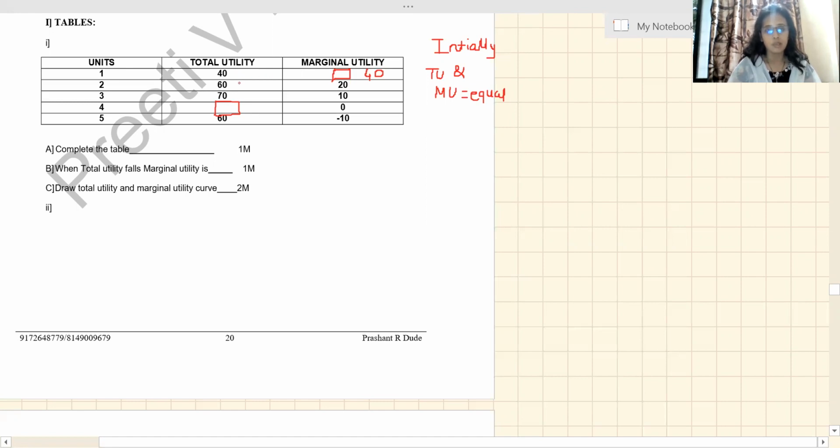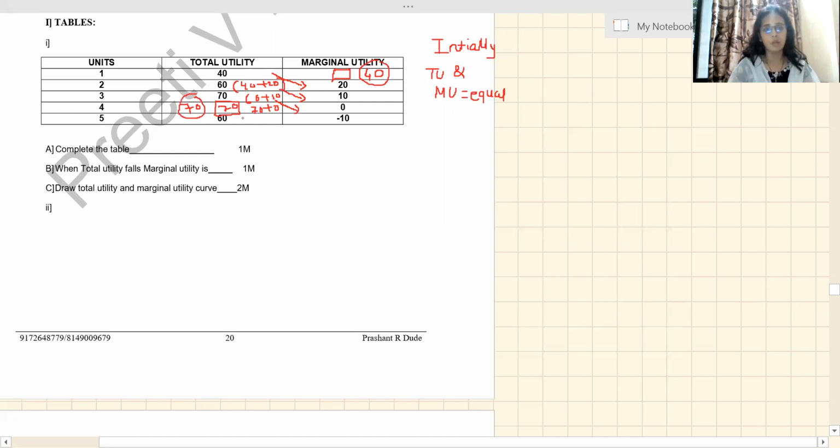Initially it is 40. Second figure, how you will get: 40 plus 20 is equal to 60. Then in 60 we add 10, is equal to 70. Then 70 plus 0 is equal to 70. So your second fill in the blank is 70. So 40 and 70 are the fill in the blanks.